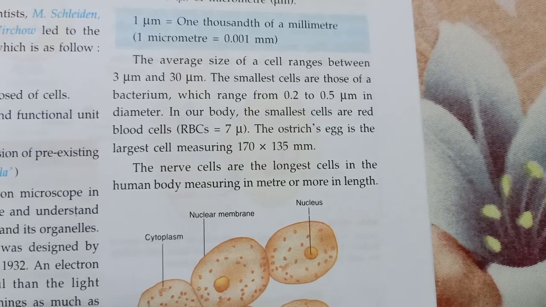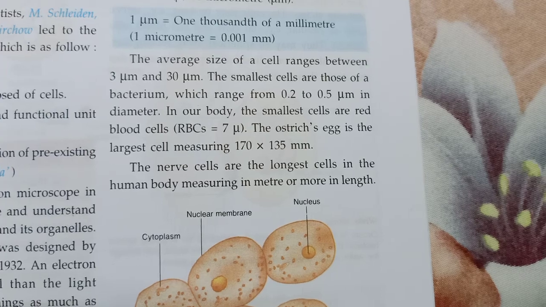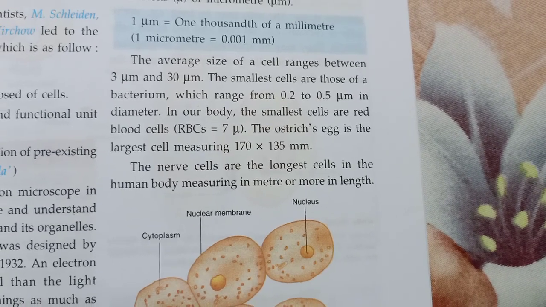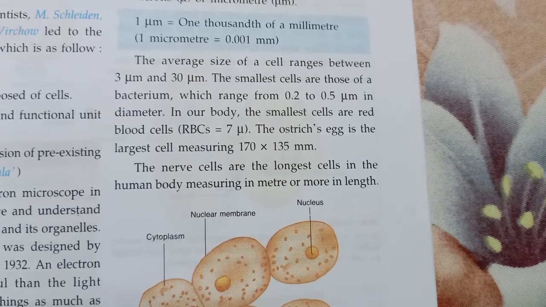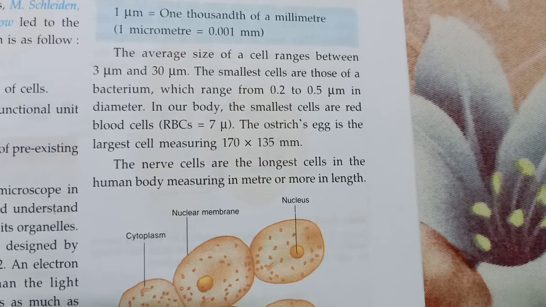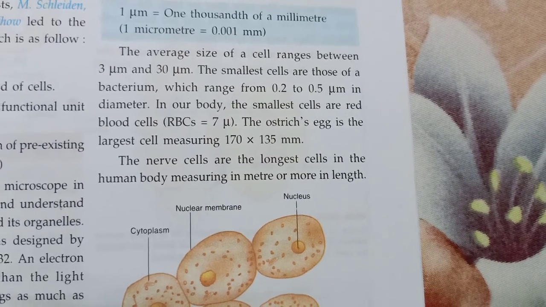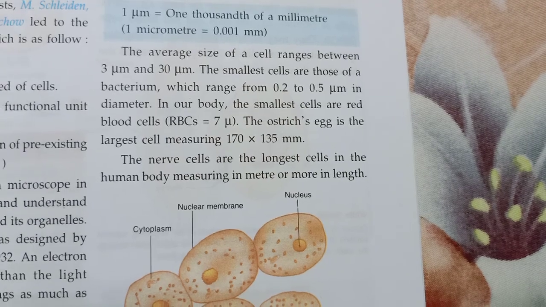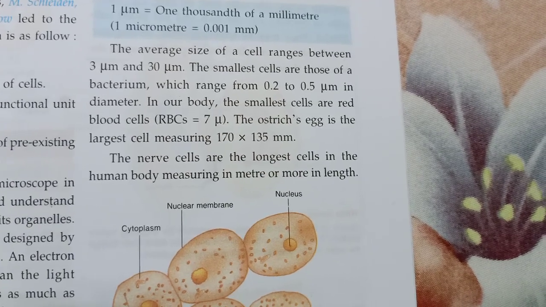Now the smallest cells are those of a bacterium, which range from 0.2 to 0.5 micrometer. This is the smallest cell, and the smallest cell is of bacterium. In our body, the smallest cells are red blood cells, and they are about 7 microns in diameter.